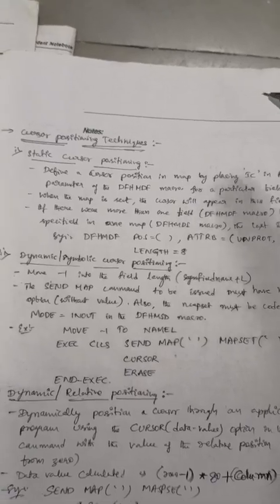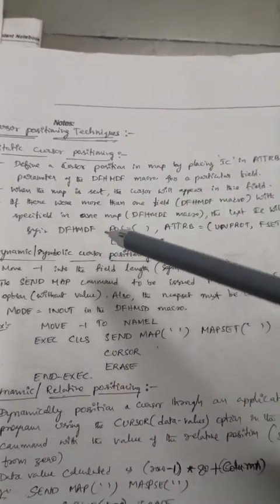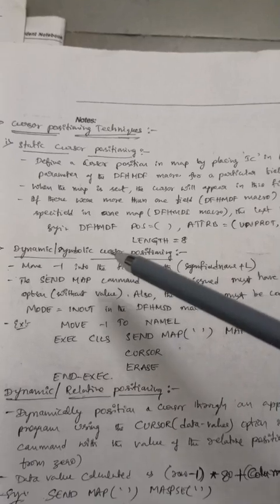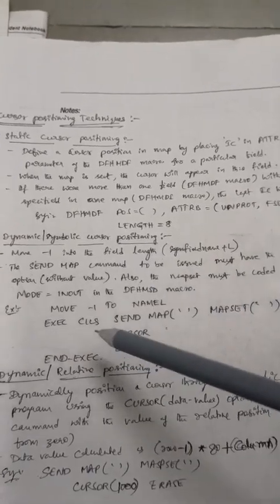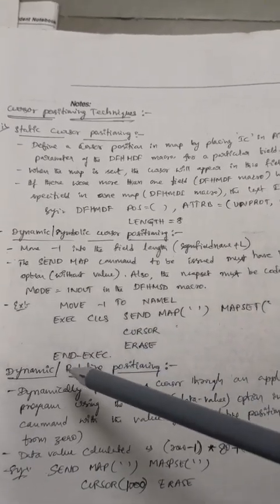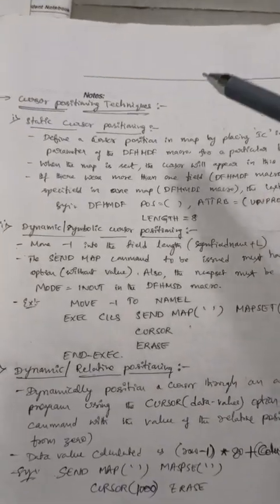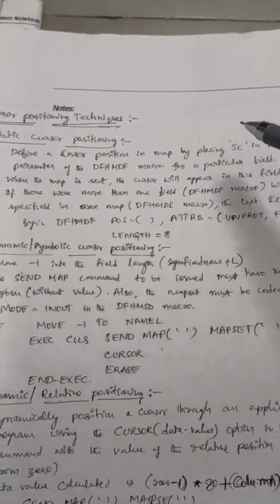Sometimes they ask these as interview questions. There are three ways. One is static cursor positioning, the second is dynamic, which we also call symbolic cursor positioning, and another one, dynamic, we call relative positioning. What is static cursor positioning? First we will see static cursor positioning.